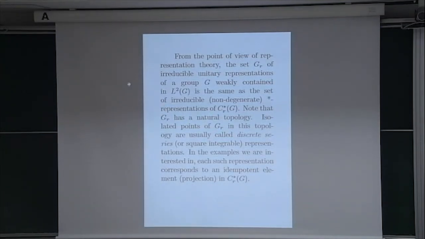And in this topology, for example, there are some discrete points which correspond to discrete series representations which are called square integrable representations. I will give some examples, so I don't want to go into very precise definitions, but you will see in examples how it works for some reasonable groups.